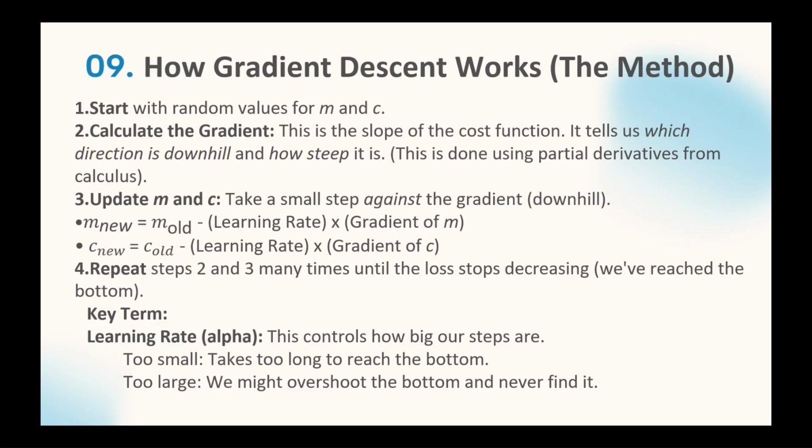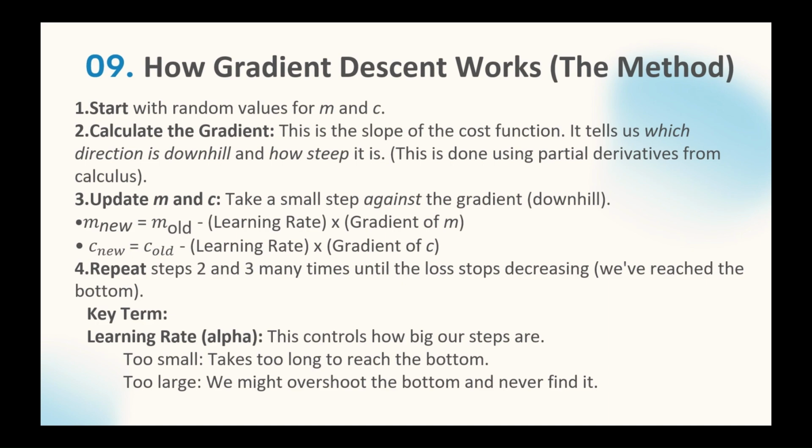Third, we update slope and intercept. We take a small step in the opposite direction of the gradient, because the gradient points uphill and we go downhill. You can see the update rules here. We subtract the gradient multiplied by a learning rate. This learning rate is just the size of a step.